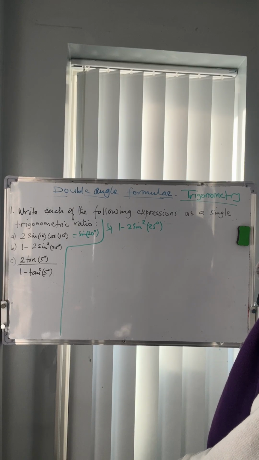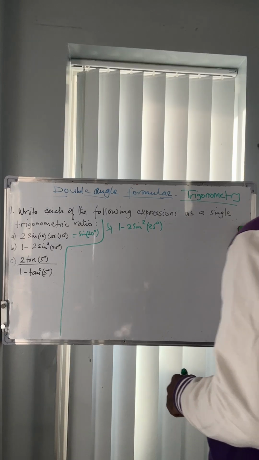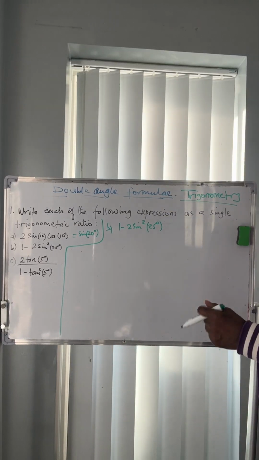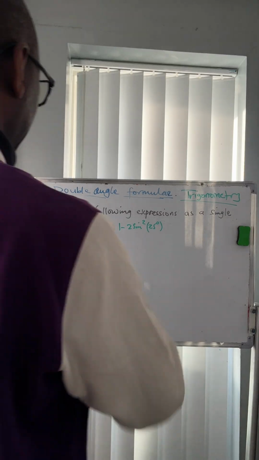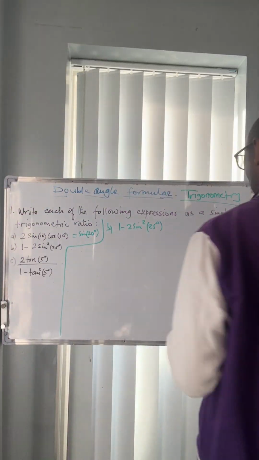Correct? Now, where do you get sine square from? How do you get sine square from these trigonometric identities?